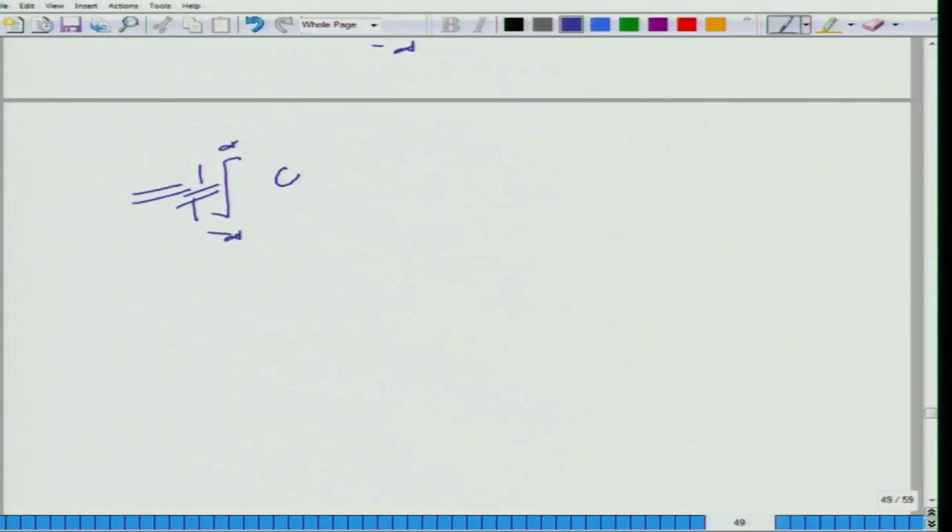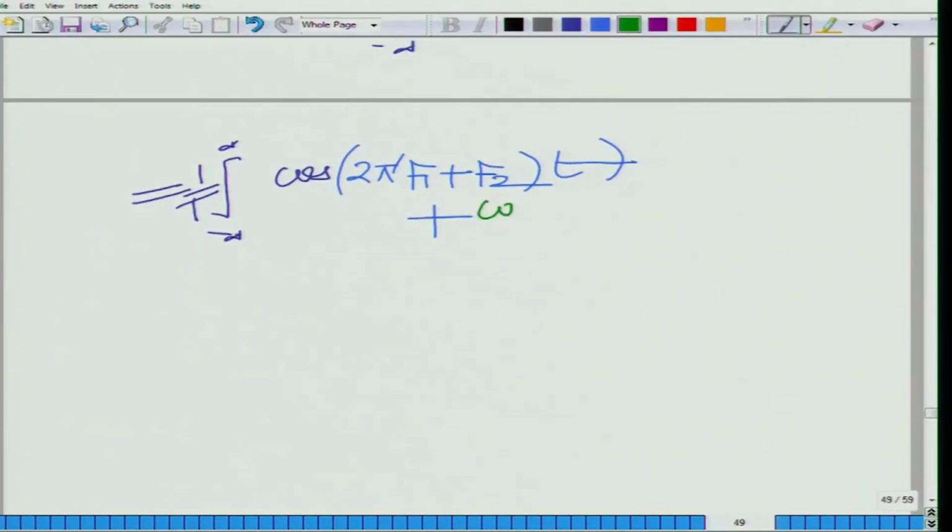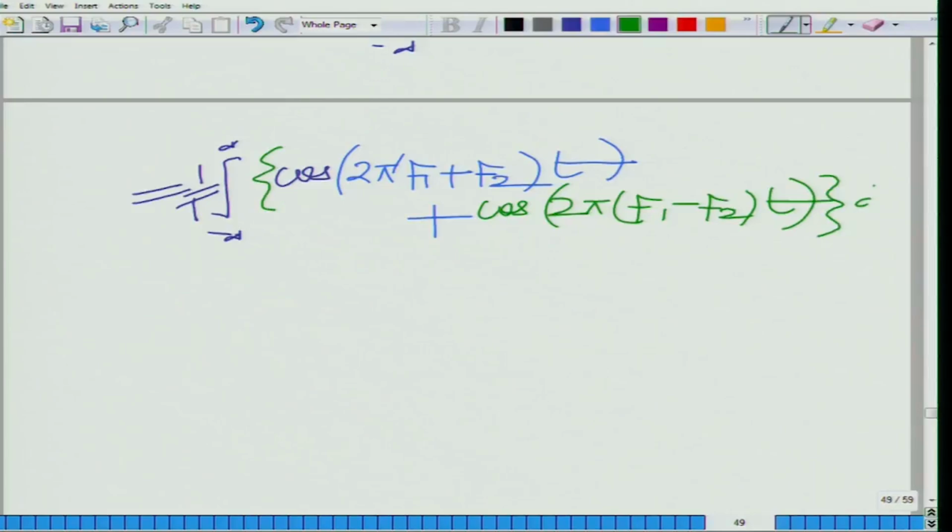So, this is going to be cosine 2 pi (f1 plus f2) t plus cosine 2 pi (f1 minus f2) t dt.